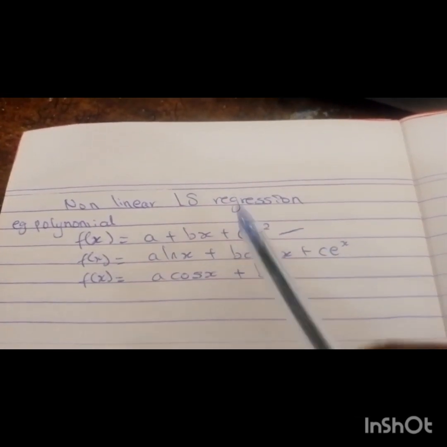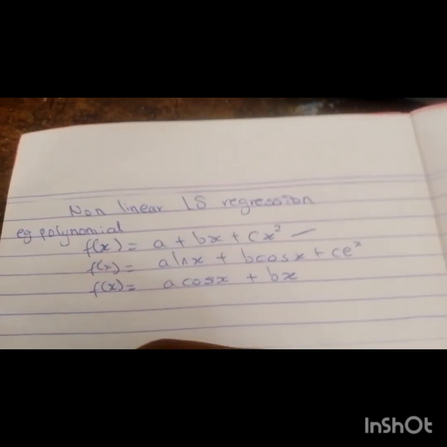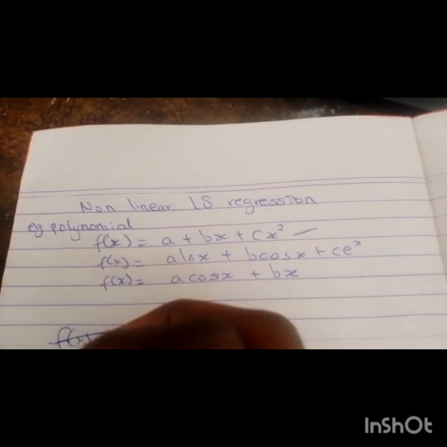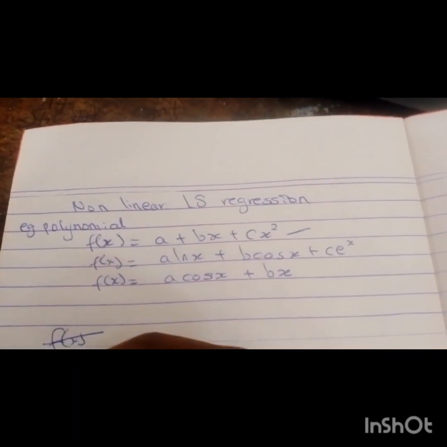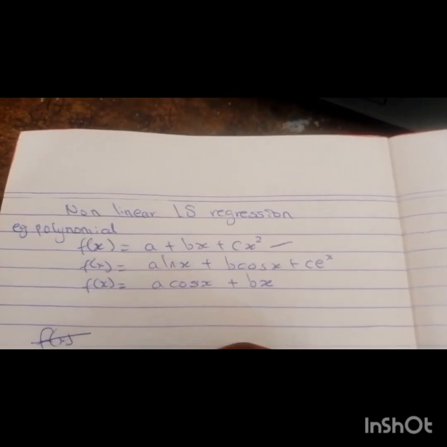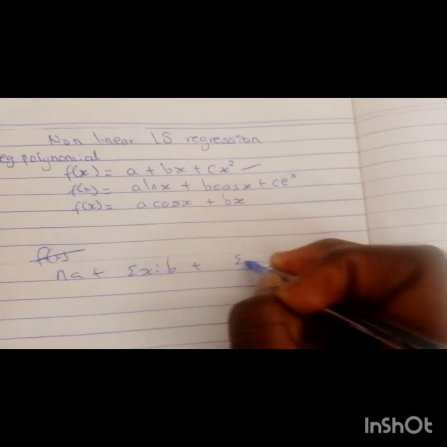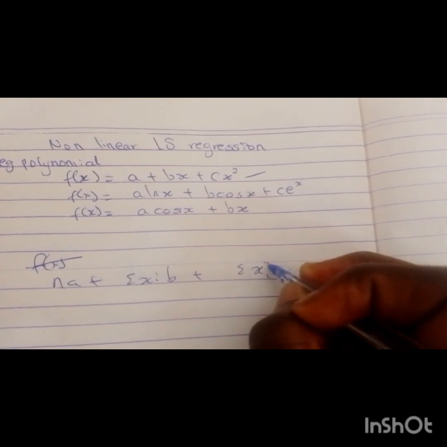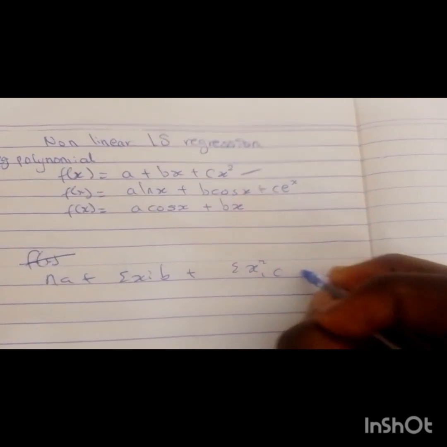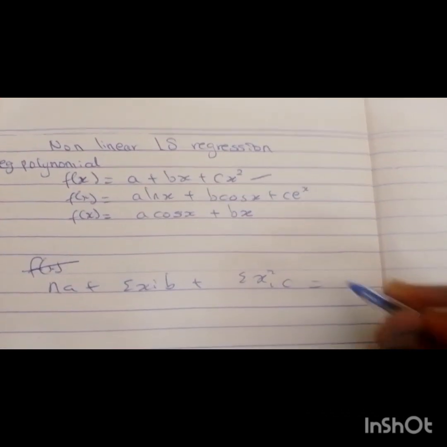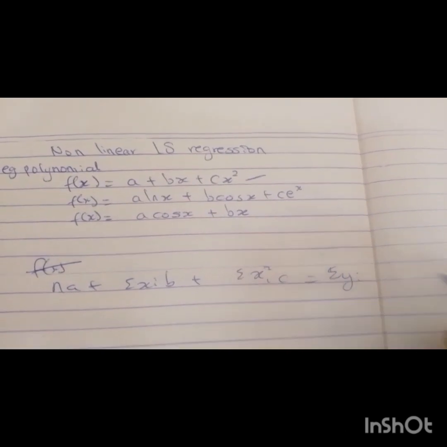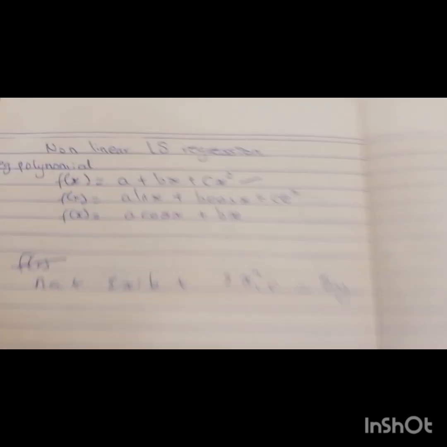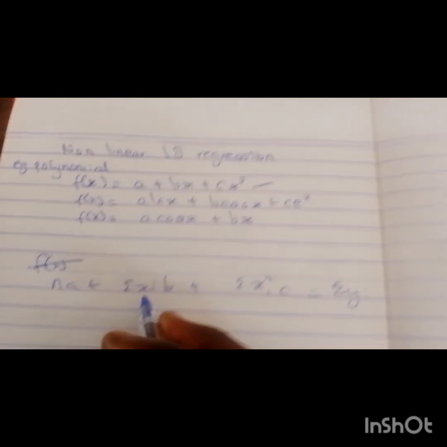Now we've done forms like this. So here to generate the 3 equations, let me just take you through that. So f of x, so you know the difference and everything. So here let's say na plus summation of xi b plus summation of xi squared c equals summation of yi. Okay, so now to find your next equation, you just multiply your summation of xi through.